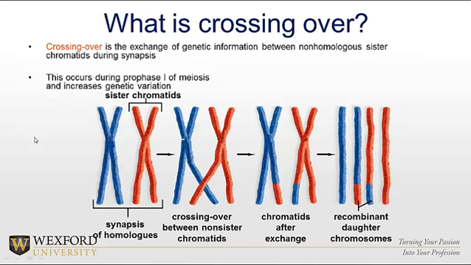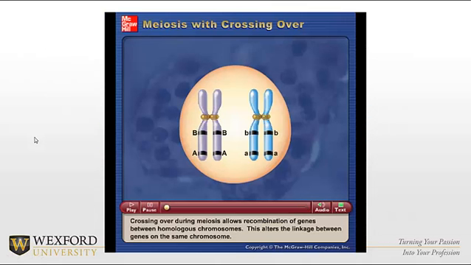Each with their own sister chromatids, and they basically cross over and exchange DNA information. So once again, it allows for even more genetic variation. And I really like this animation, straight from your book once again, so let's watch this one.